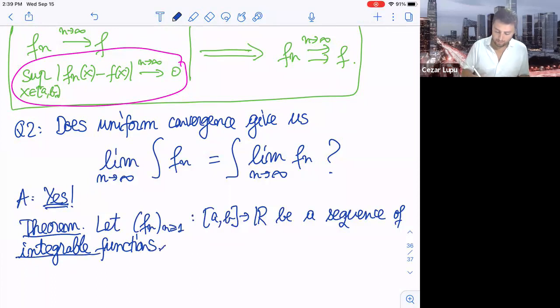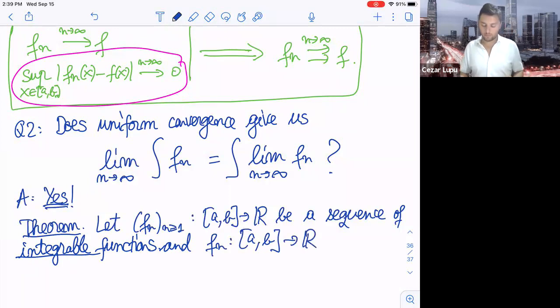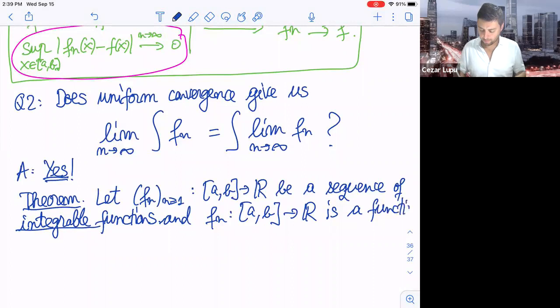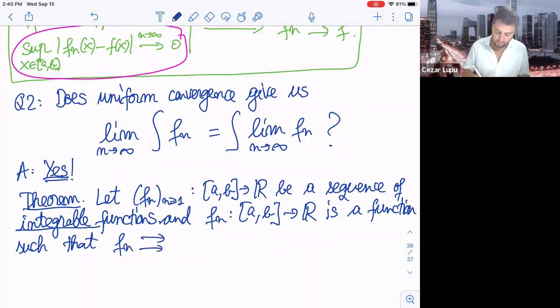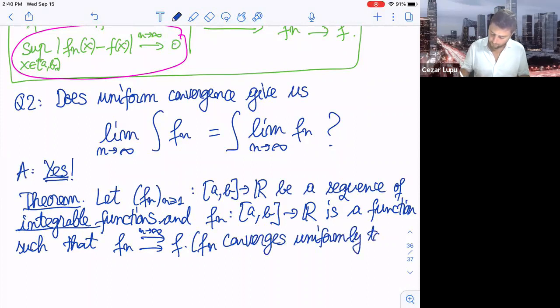And f defined on [a,b] is a function such that we have the following: Fn converges uniformly to f.